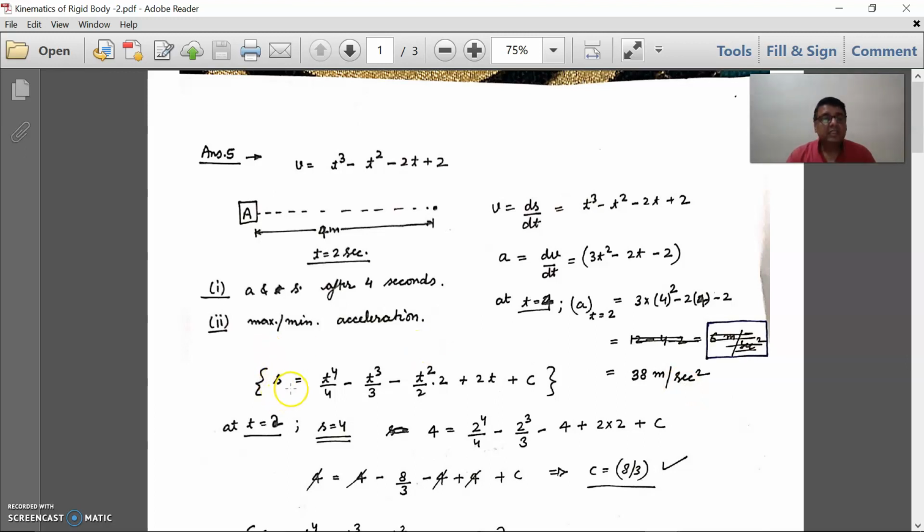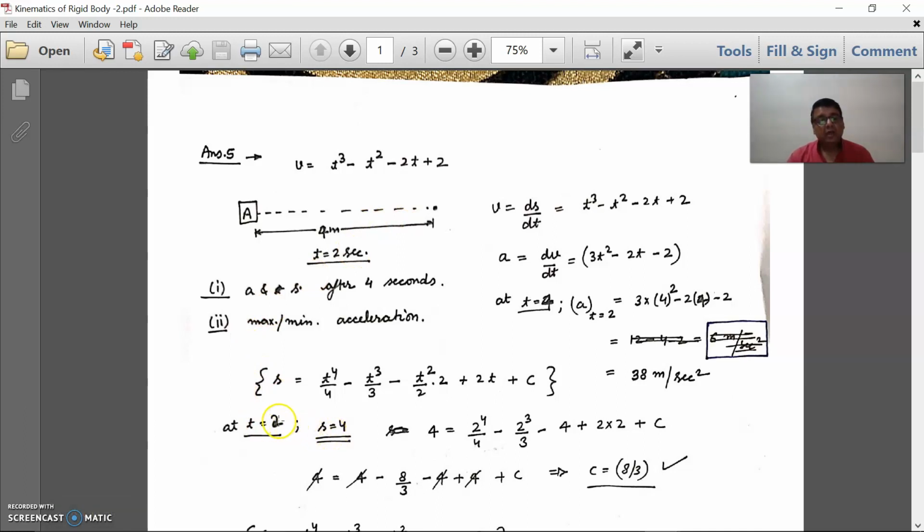Then for distance, you must remember that we have to apply the constant of integration whenever we integrate. So how to calculate the value of c? We'll calculate the value of c by the given condition, that at time t is equal to 2 seconds, the particle A is at 4 meters.